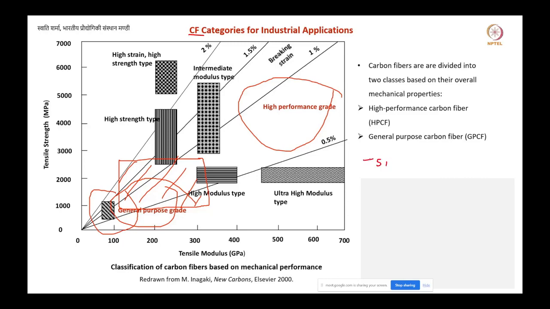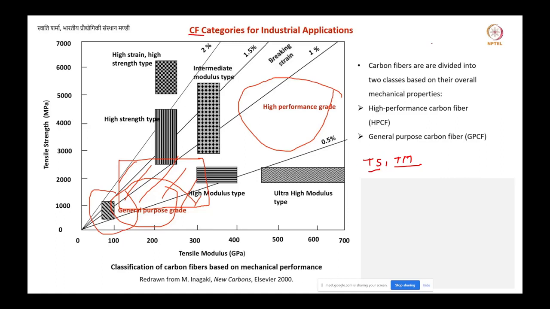Here they are showing the tensile strength and the tensile modulus. I hope it is clear. Are you aware of strength, modulus and yield? What is yield? Okay. If not, you can follow the last lectures I have covered, or any mechanical properties of materials book.